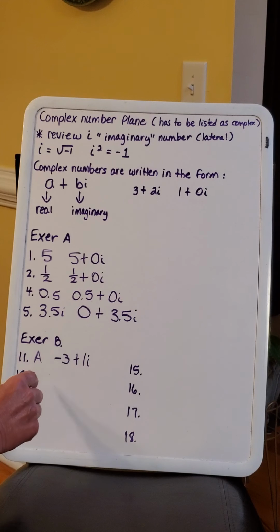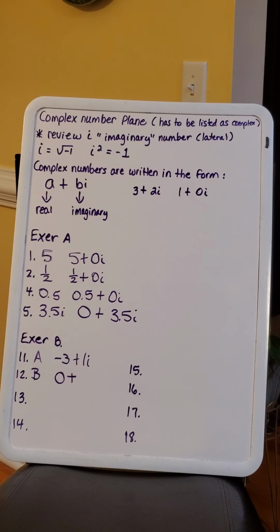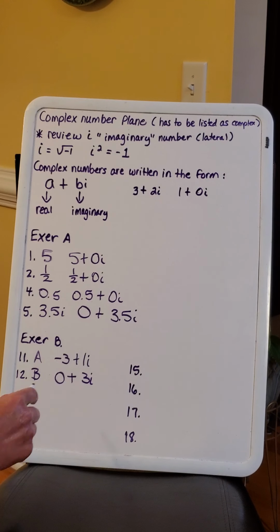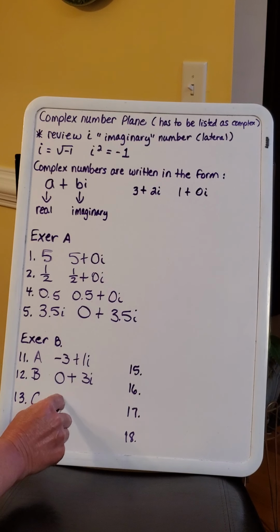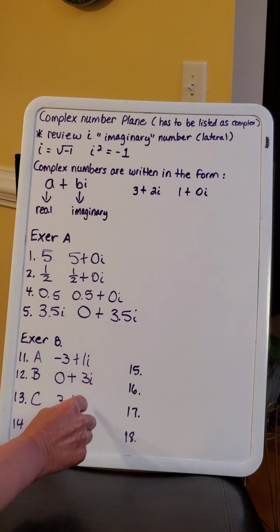All right, number 12 is point B. Find B. It does not go left or right, so that means X is 0. But it goes up to 3, so 0 plus 3i. Number 13, C. For C, you'll go to 3 on X and you go up to 2 on the Y, so 3 plus 2i.